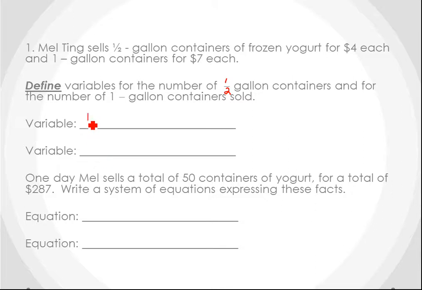I'm going to say H will equal the number of half-gallon containers. And go ahead and write that in the first space there. H will equal the number of half-gallon containers.